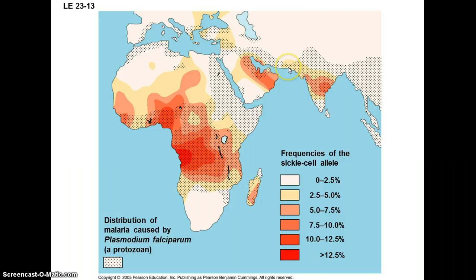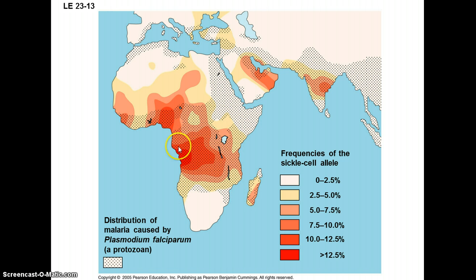Sickle cell is a single gene trait in which you can be homozygous for the sickle cell allele and you have sickle cell anemia. You can be homozygous not for sickle cell and you don't have it, and you can be heterozygous, in which you have a milder form of the disease.